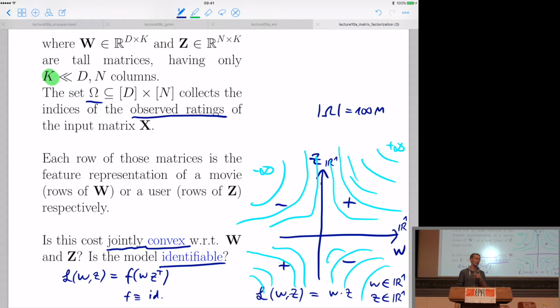If it would be the square, that's convex too. That's fine, so F is convex. But L is not convex, because now I'm looking at the two variables, or two groups of variables, together. And it's not convex even in this special example when F is super simple.